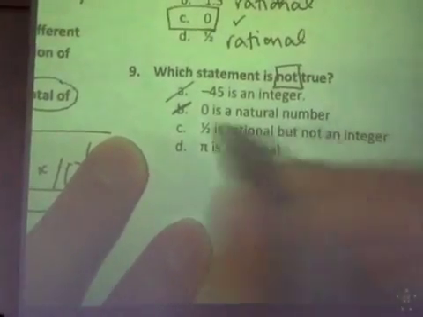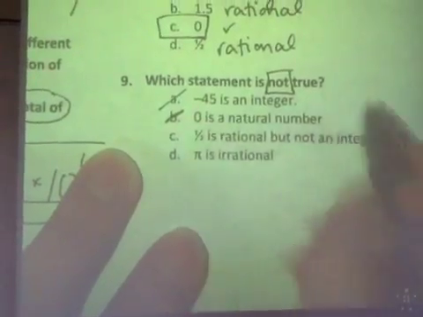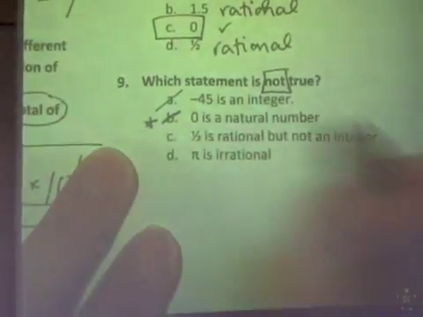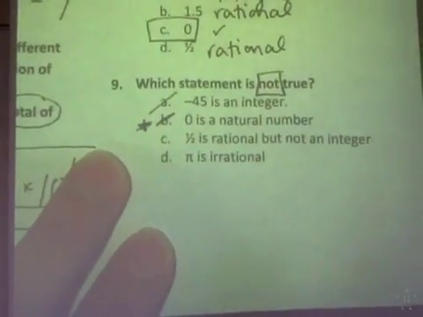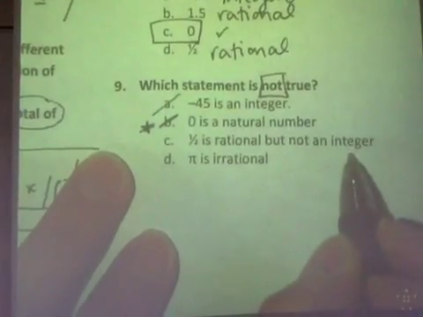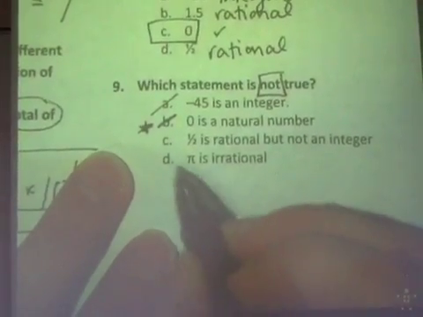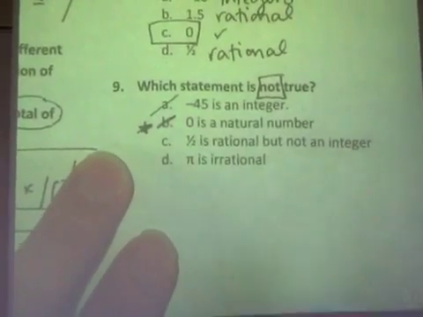Okay, so we need to backtrack a little bit because 0 is a natural number. That one was not true. I even confused myself. So that one could be our answer, if these other ones check out. So 1/2 is rational, but not an integer. That one's true. I'm tripping myself up here.